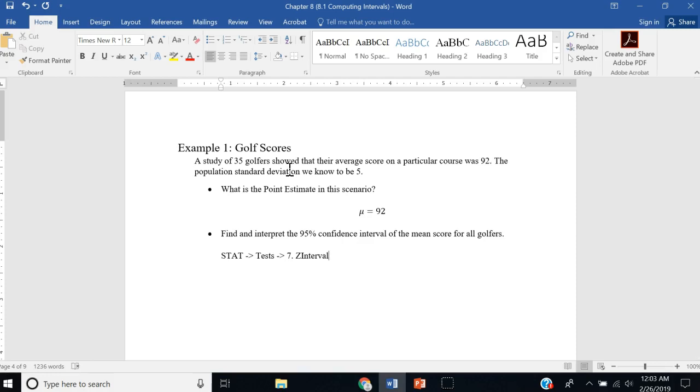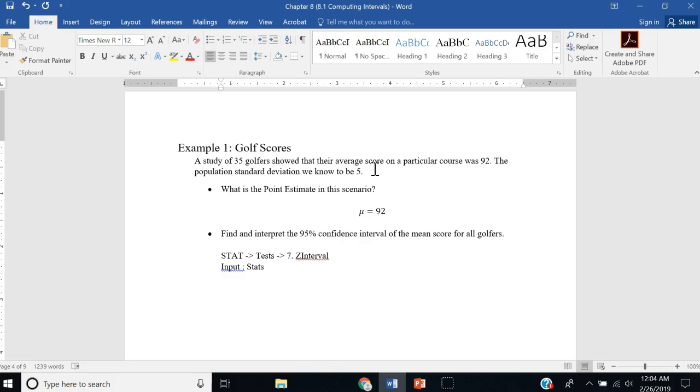Now the display that you're going to see has an input, which right now we're given statistics. We're given a sample average, a population standard deviation, so on and so forth. So we're given statistics. So my input should be statistics. And then you see the numbers we need to plug in. Population standard deviation, well, we know that to be 5.